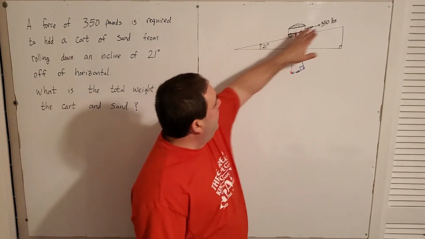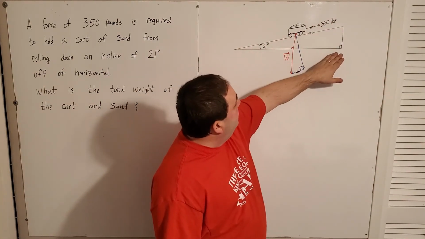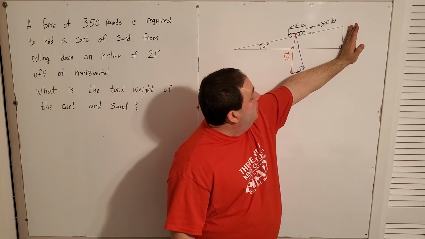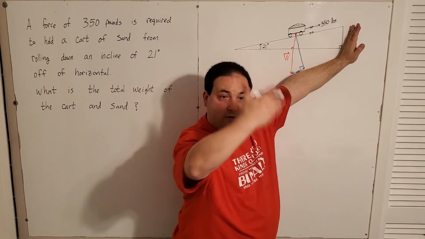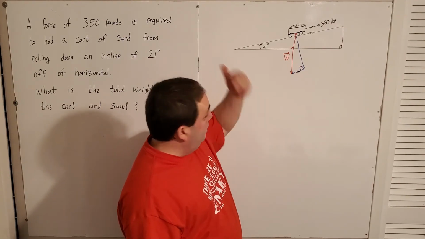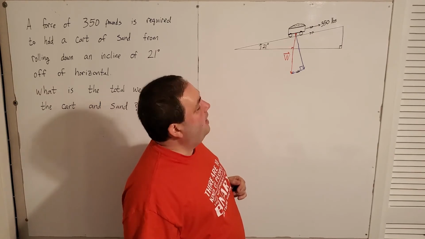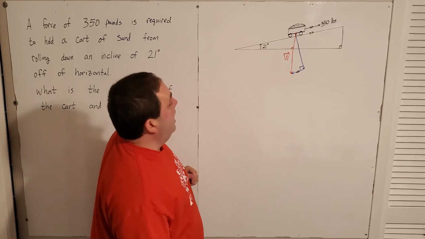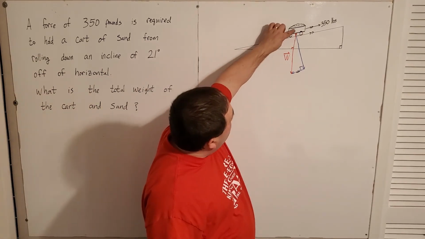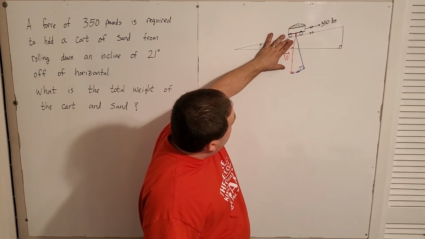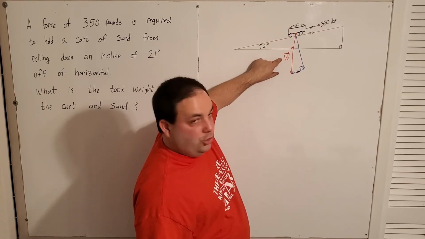You've got your ramp, right? And I'm saying that the 21-degree angle, and then you have a right triangle set up with the ground up to wherever the top of the ramp is going. Okay, and you can cut that basically however you want. So the cart's being held there, and what we want to compute is the actual weight, right? And the weight is basically the magnitude, right?